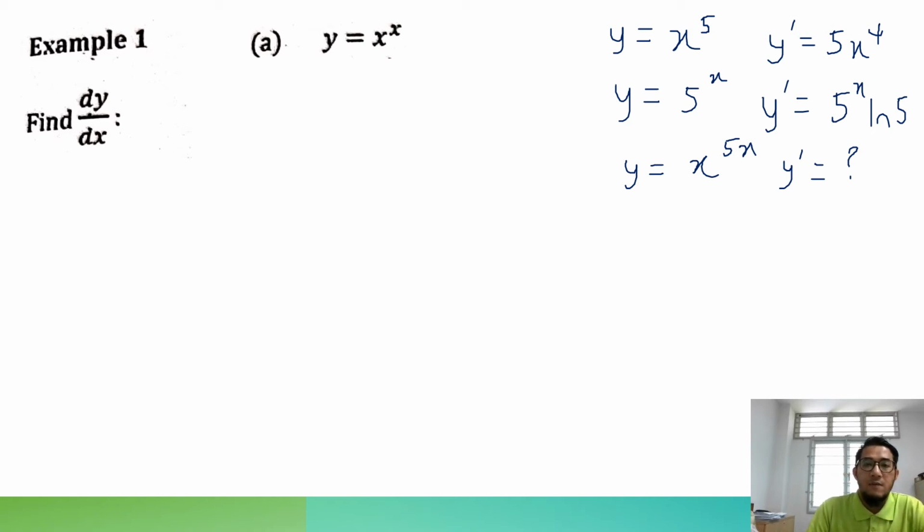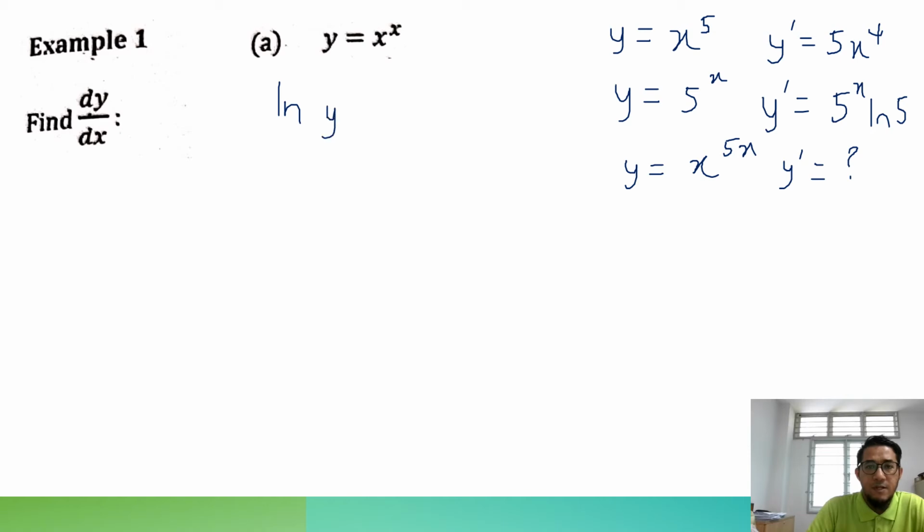You have to apply the steps that we mentioned just now. For example, let's say you have y equals x power of x. As you can see here, both the base and the power are in terms of the variable. So first you take ln of both sides.